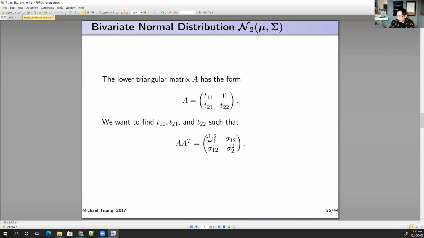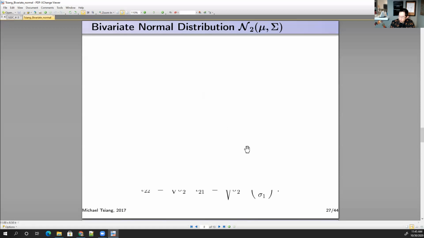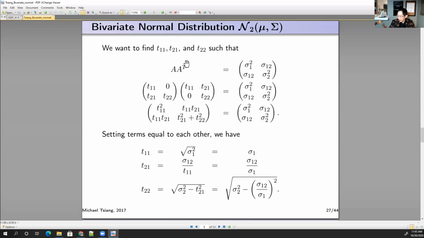So our covariance matrix is sigma 1 squared, sigma 12, sigma 12, sigma 2 squared. And so A A transpose is equal to this, and when you take your lower triangular matrix and you transpose it, you get this.